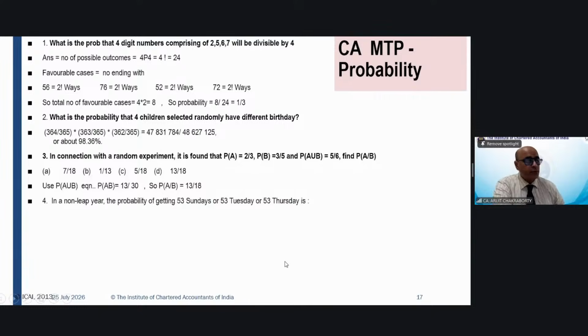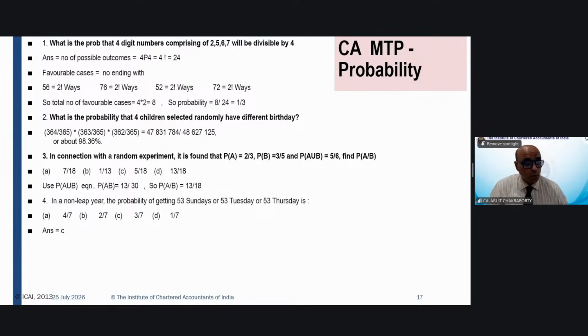The fourth question of MTP: in a non-leap year, the probability of getting 53 Sundays or 53 Tuesdays or 53 Thursdays is what? Now, normally we say 52 weeks, because 52 into 7 gives you 364 days.